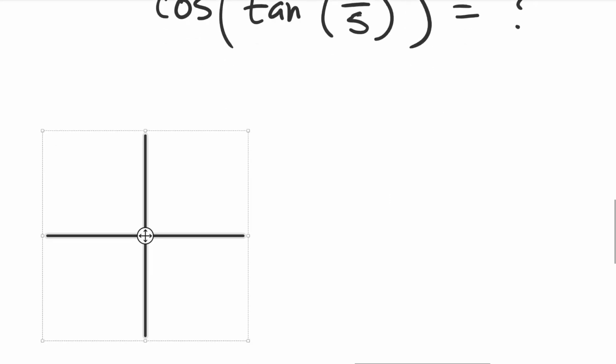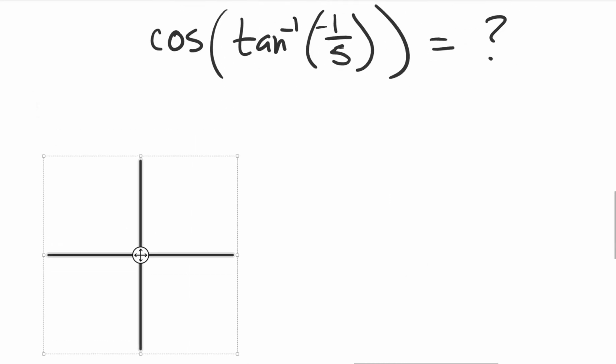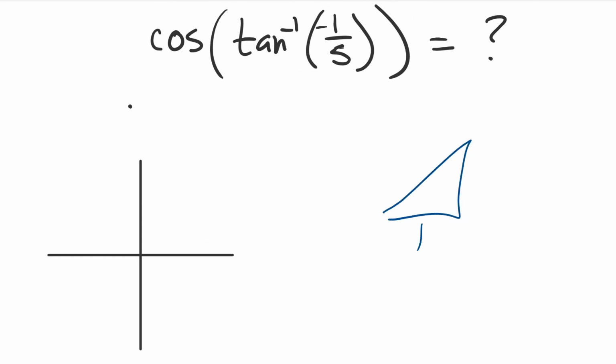We might screw up our signs if we just make a triangle with 1 and 5, because with the negative you might lose sight of what's going on. Now, tangent inverse is defined only in 2 quadrants, the first and the fourth.